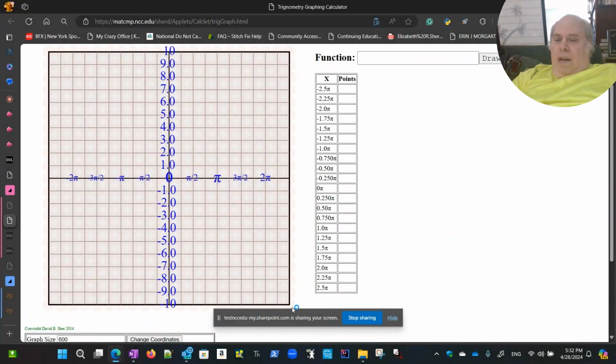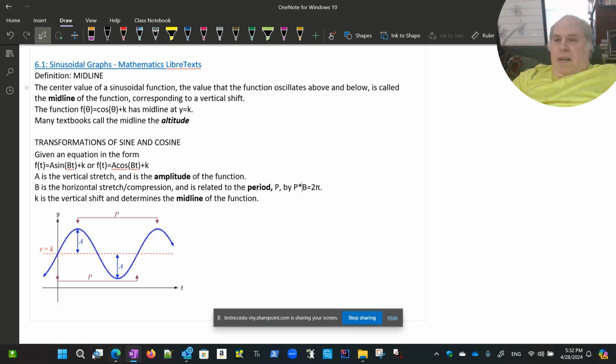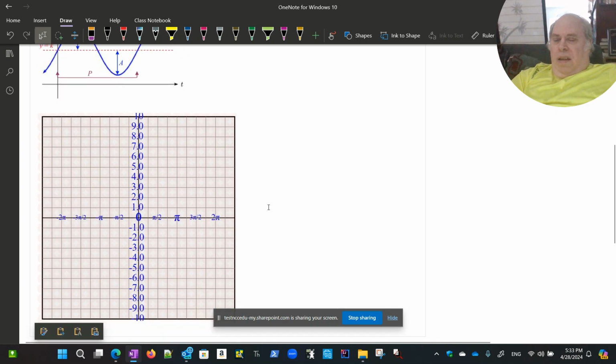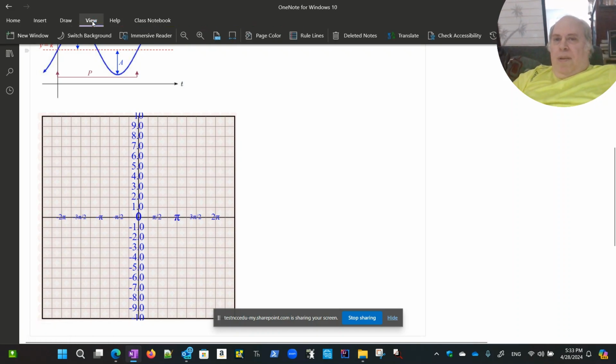When we graph for this class, the verticals describe the amplitude and the midline. I'll make it a little bigger so everything fits.